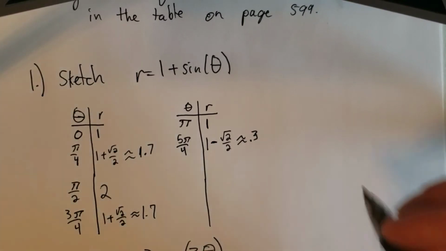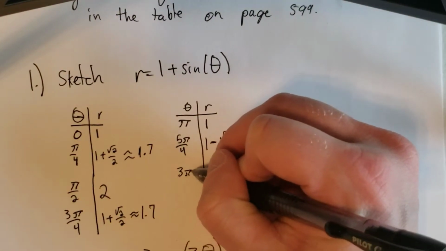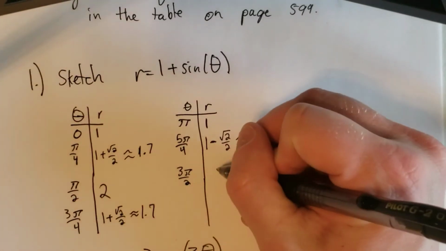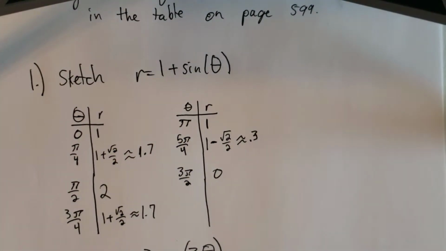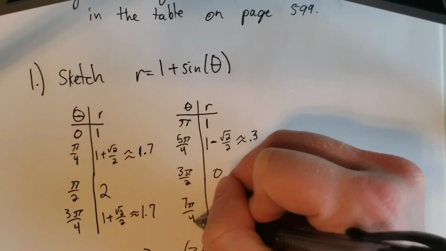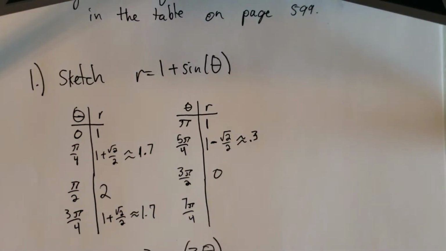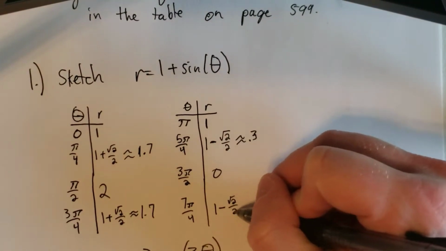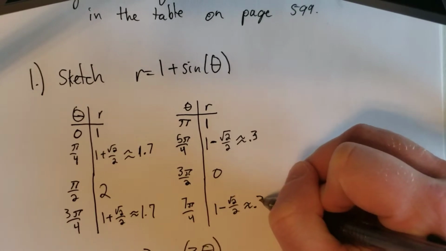How about we plug in 3 pi over 2 next? Again, we're adding another pi over 4. Sine of 3 pi over 2 is negative 1, and negative 1 plus 1 is 0. And lastly, let's plug in 7 pi over 4. Sine of 7 pi over 4 is negative root 2 over 2, so this is again 1 minus root 2 over 2, which is approximately 0.3.